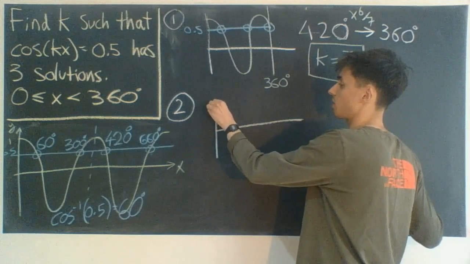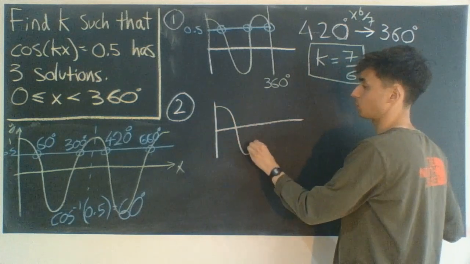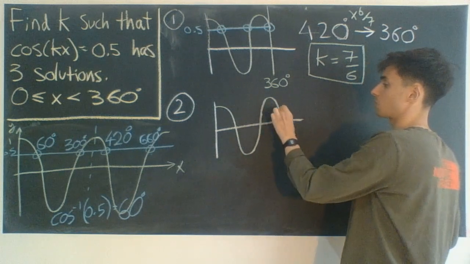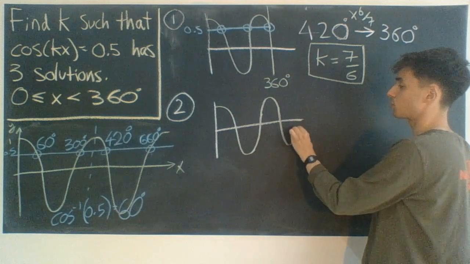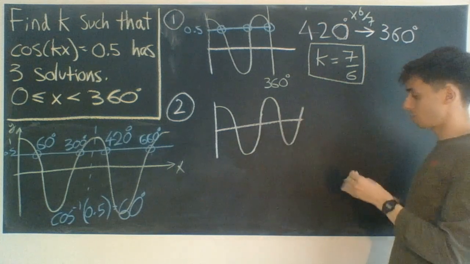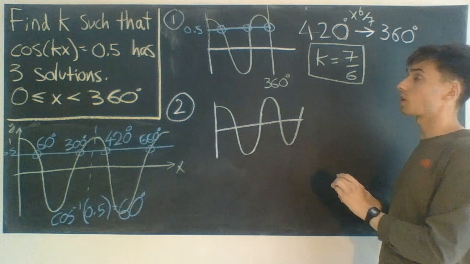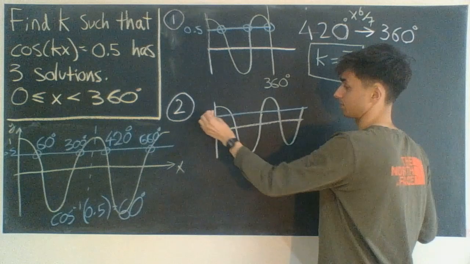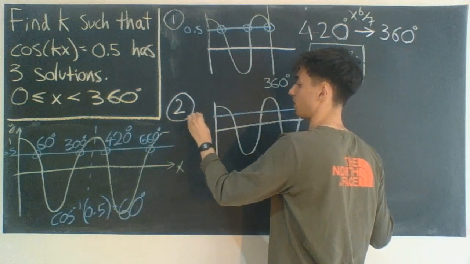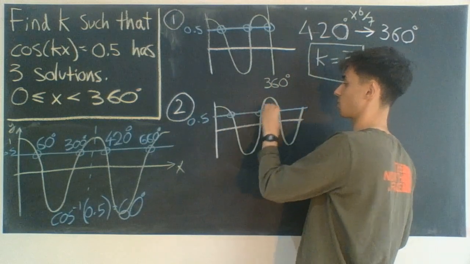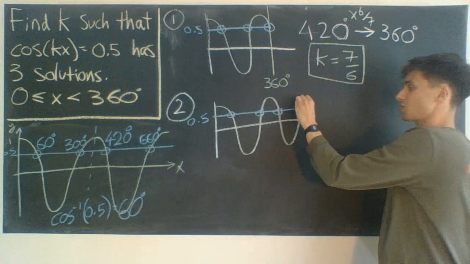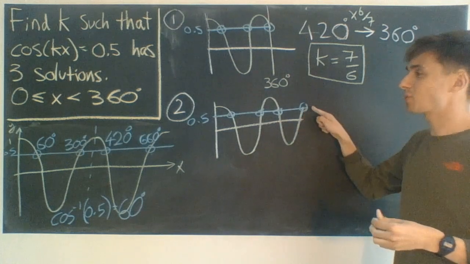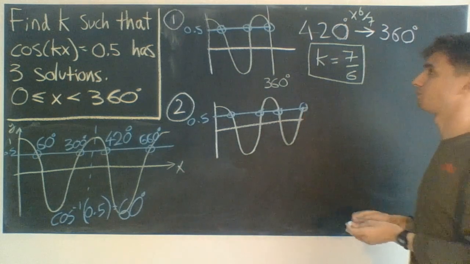Cos has to start here. So we'd have one solution, this would be solution number 2, this would be number 3, and number 4 would be about there. If we again draw a line on to show where 0.5 is, so this is our 0.5, we've got 1, 2, 3, and the fourth solution, let's think about the case where it just about appears, and then we'll think, well, we can't include that at the end.